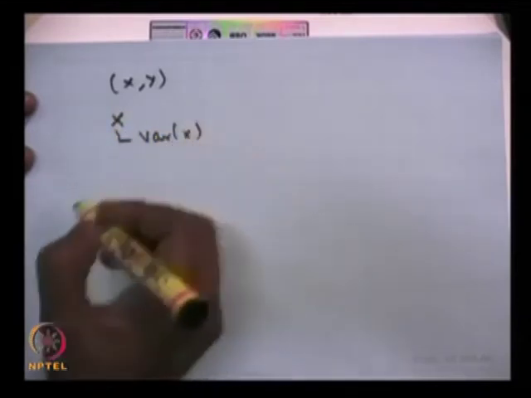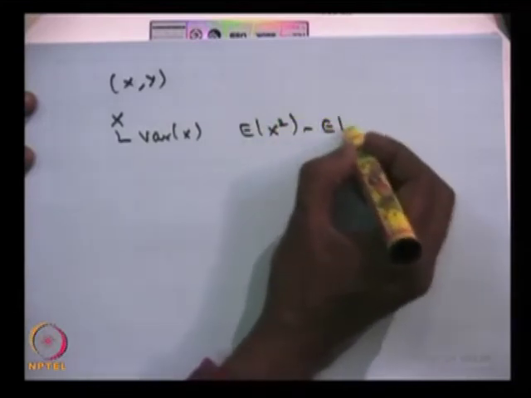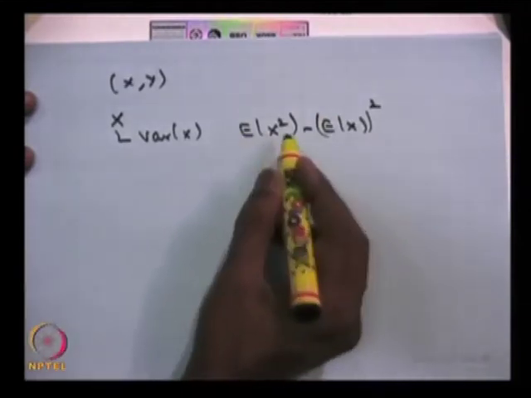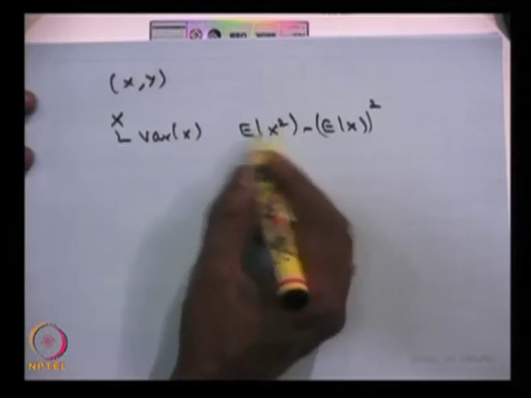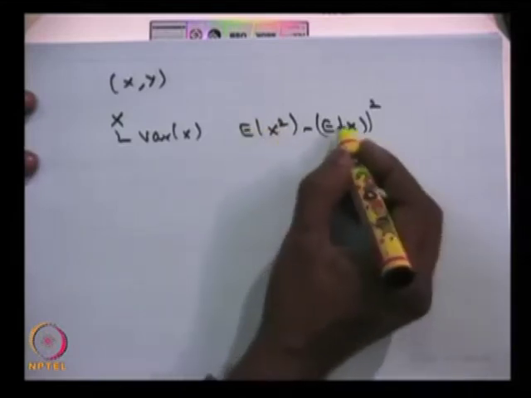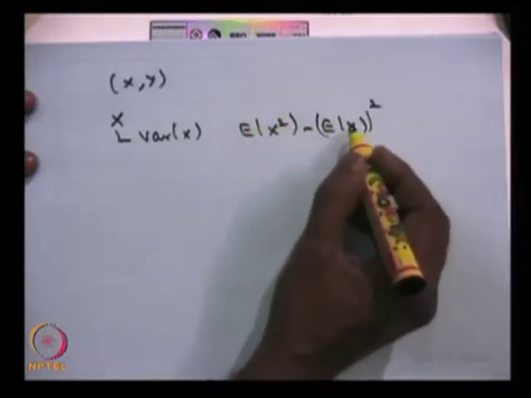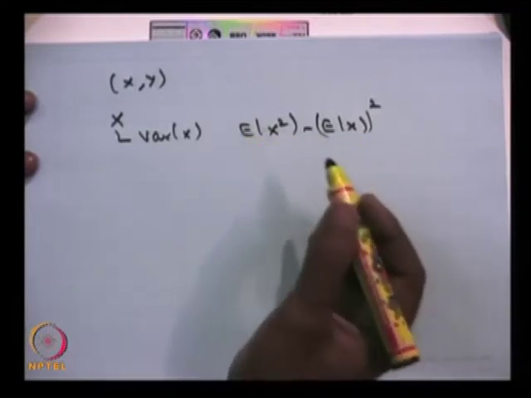Variance is nothing but the second order moment, that is E of x square minus E of x whole square. So here also, as long as E of absolute x square converges, then you are able to get the expectation E of x square. And once the second order moment exists, obviously all the previous order moments exist, but that does not imply the further moments exist.